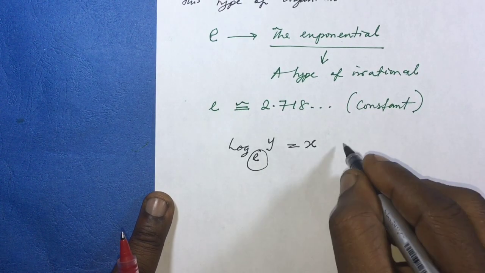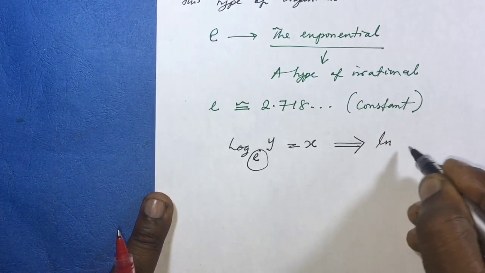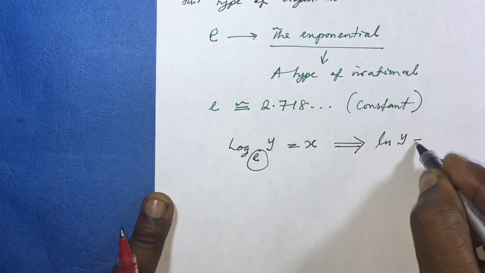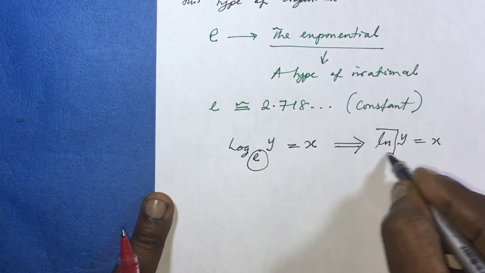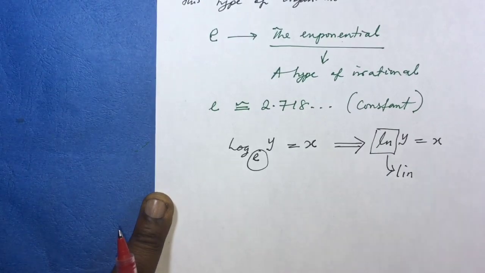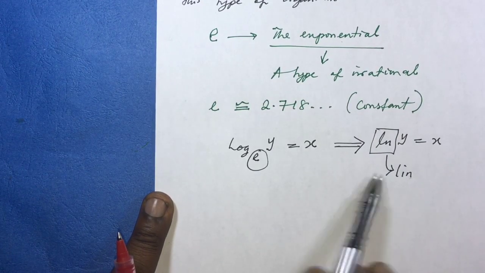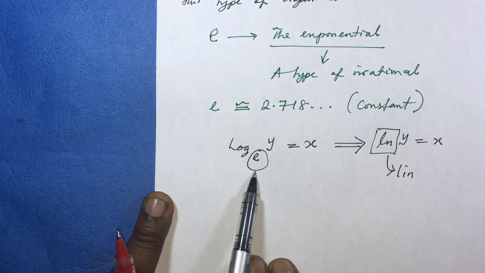So we often write this as ln y equals x. Ln is pronounced as "ln". Okay, so the ln there stands for the logarithm to base e.